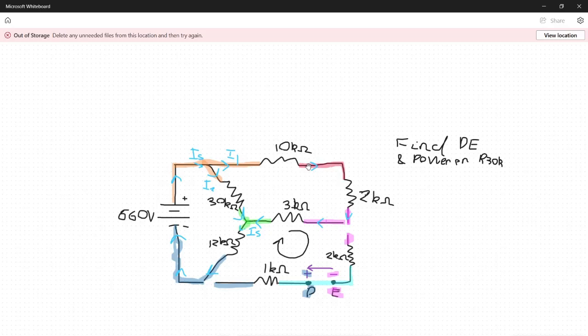So if this is a branch and this is a branch, that means this 10 kilo ohm and this 2 kilo ohm and the 3 kilo ohm are all in series. So we can put this relationship down now. The 10K, the 2K, and the 3K are in series.